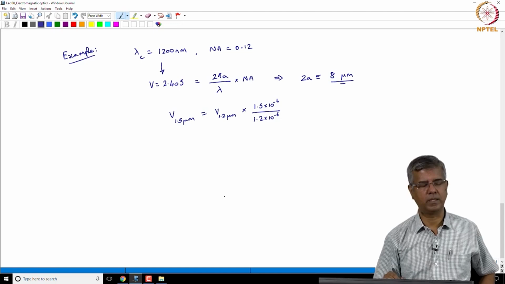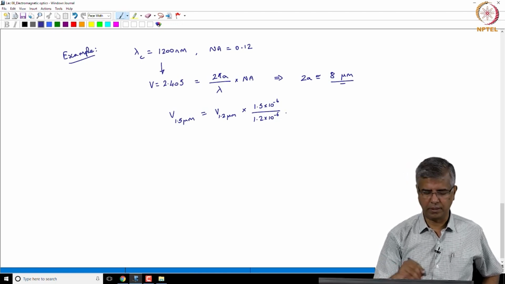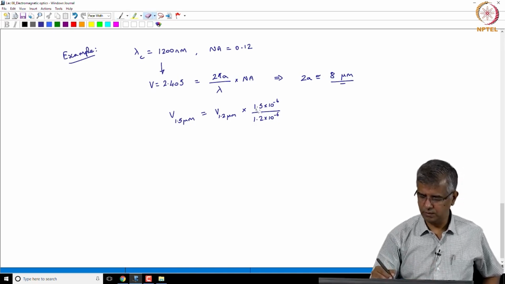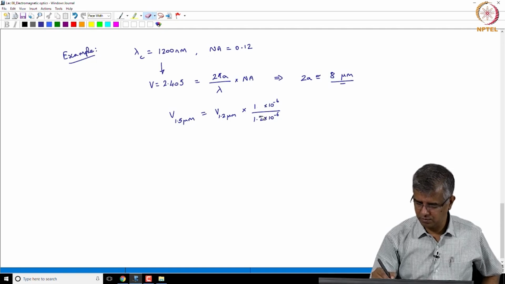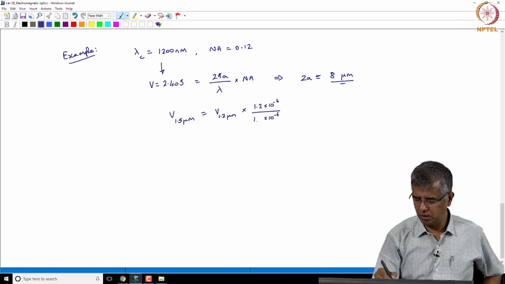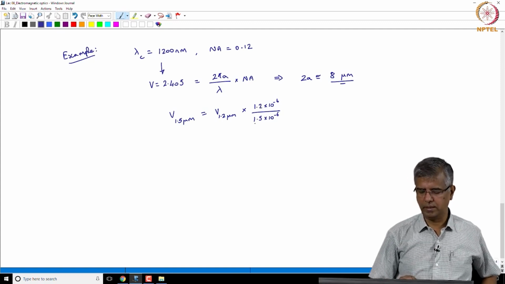So, we put the corresponding wavelength over here. Sorry, made a mistake here, it is the other way around. So, this should be 1.2 and this should be 1.5.